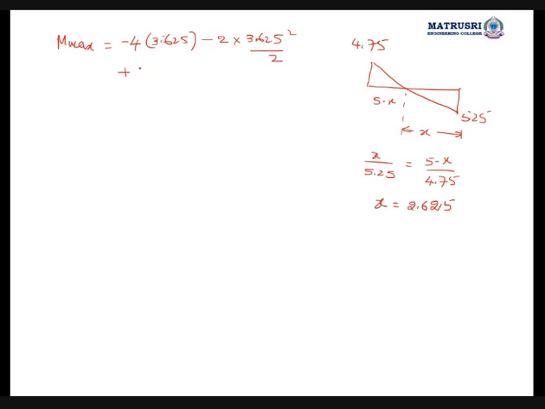How much did you get for the P value? 11.25 into 2.625. I got the value of M max as 1.89 kilonewton meter.